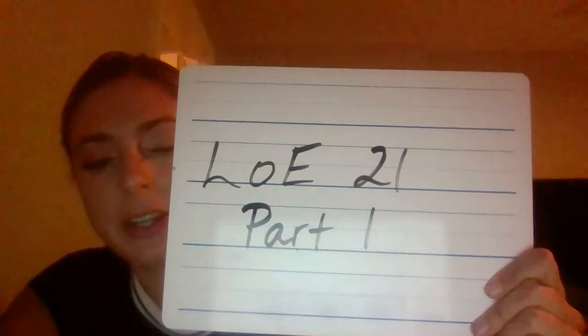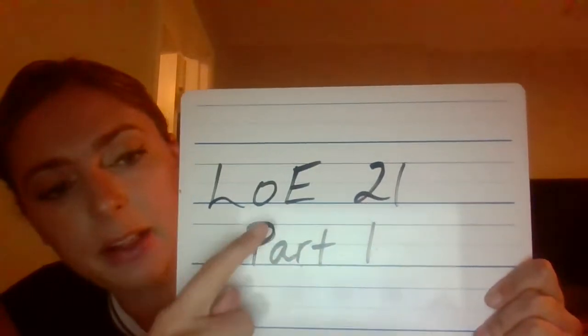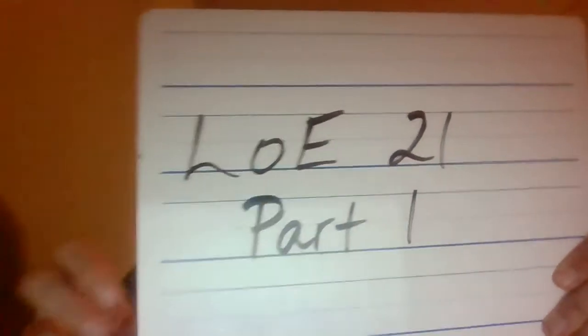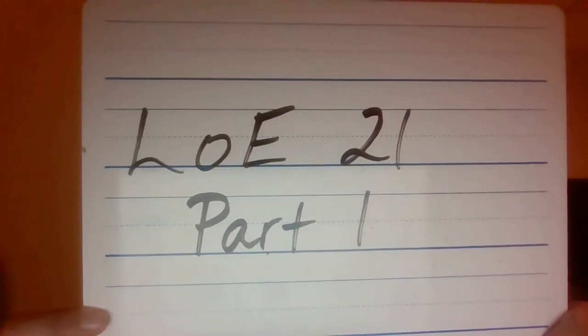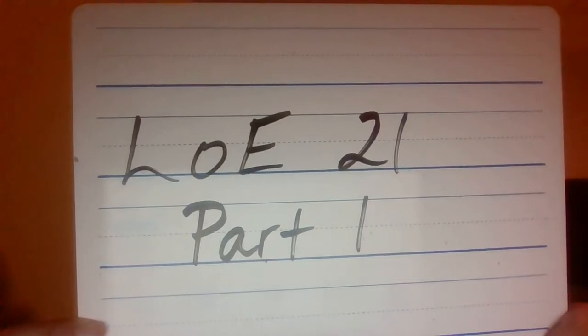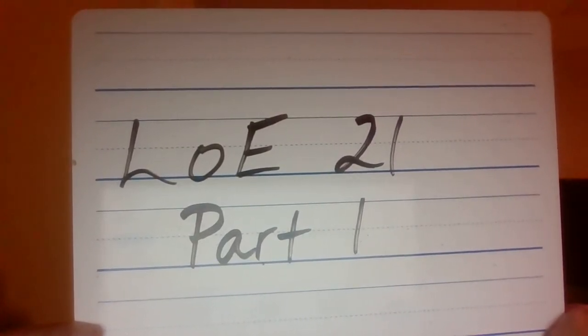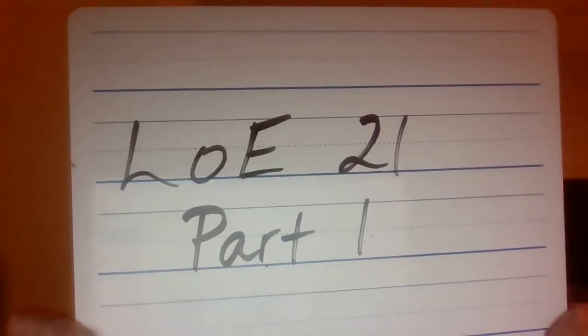So please take a moment, find the language and literacy section in your CJ, and write the following: LoE 21, Part 1. Yes, we are starting a new lesson today, but we are only doing the first half. We're doing Part 1, and we will continue and complete Part 2 tomorrow. So take a moment and write this. Thank you.